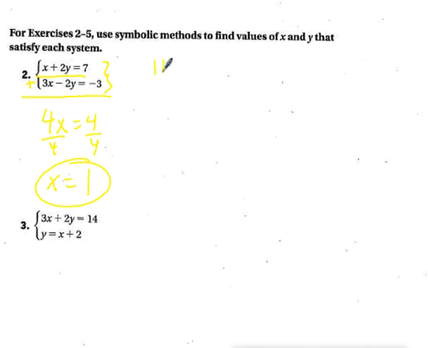So I have 1 plus 2y is equal to 7, minus 1, minus 1. I get 2y is equal to 6, divided by 2, divided by 2, and y is equal to 3. So the answer that I should have written down is the coordinate point (1, 3). All right.